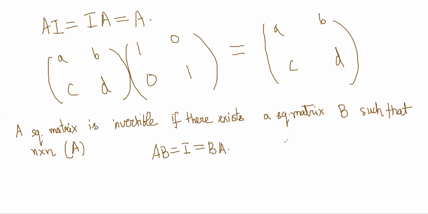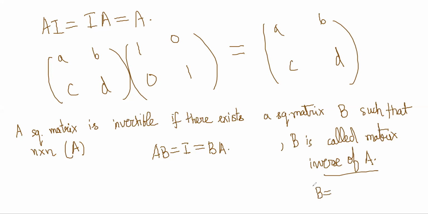Okay, then B is called matrix inverse of A, or B is basically called A inverse.